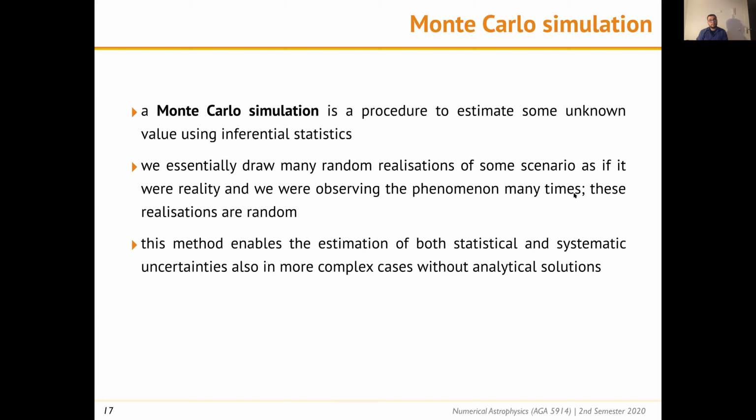But one of the very interesting applications is to take into account also statistical and systematic uncertainties in cases in which we don't have analytical solutions. Towards the end, in the second lecture, one of the last things that we're going to see is a full example of a Markov chain Monte Carlo fit of a model.